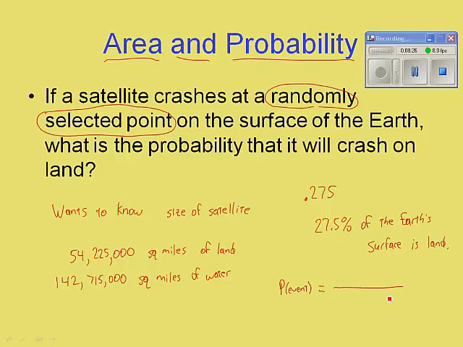Now what did I used to put? What was the numerator and denominator of that fraction? The size of the event over what? What do you put in the denominator of a probability fraction? Yeah, the size of what we call the sample space.